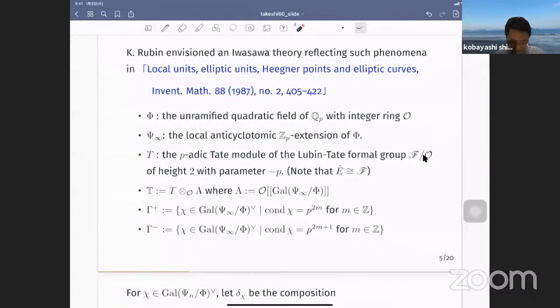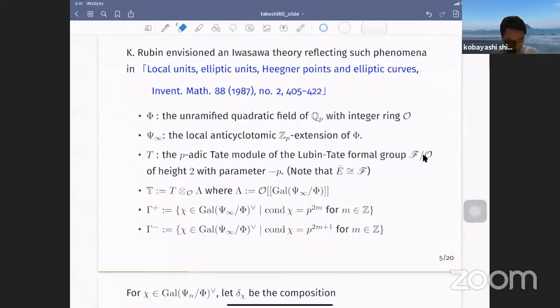And we consider finite character groups, and we divide it into two. So Γ⁺ is the finite characters of conductor p to the even power, and Γ⁻ is the characters of odd p-power conductor.